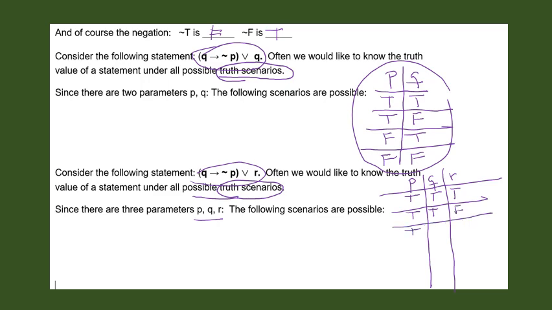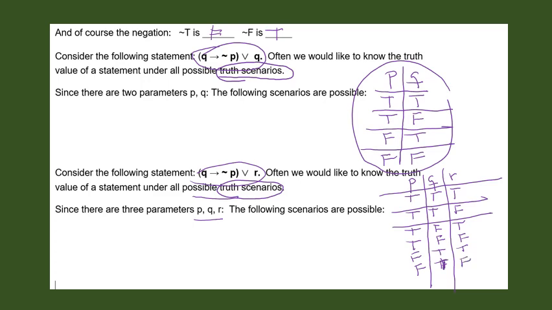P could be true, Q could be false, and R could be true. P could be true, Q false, R false. P could be false, Q could be true, R could be true. P could be false, Q could be true, and R could be false.